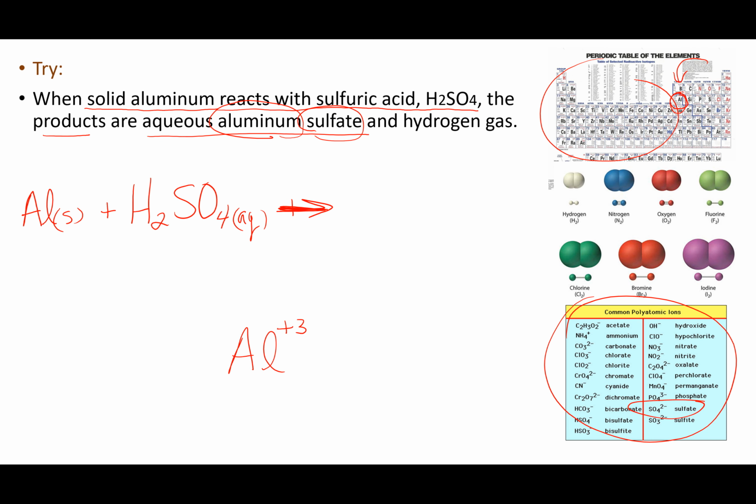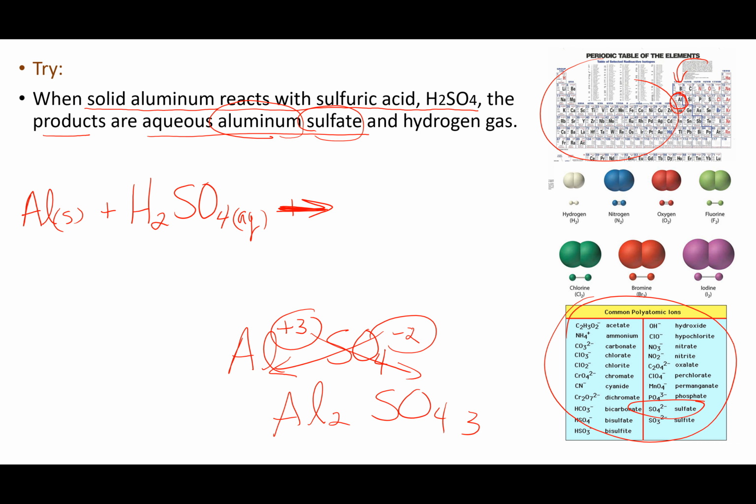Sulfate is an SO4 with a -2, and one positive, one negative. They're going to ionically bond, crisscross. This goes there and that goes there. So I'm going to end up with Al, 2 comes down, SO4, the 3 comes over. And to indicate multiple polyatomics, we put parentheses. So I'm going to put that up here.